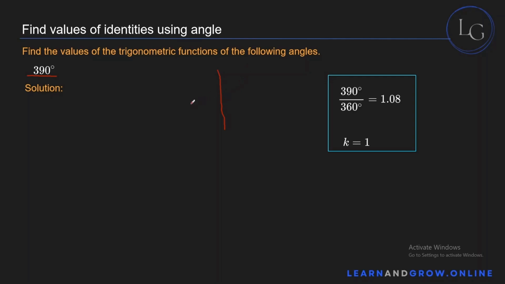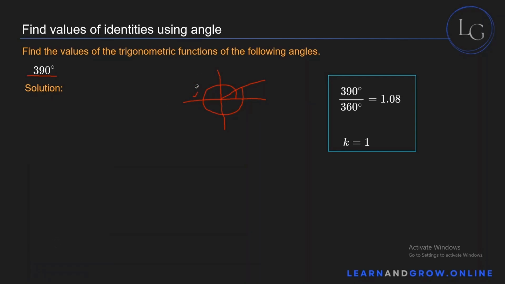What that means is if you have this grid and let's say this is 390 degrees. How is it 390 degrees? Well, because this is 360 degrees and then you have a further angle. So this complete angle is 390.